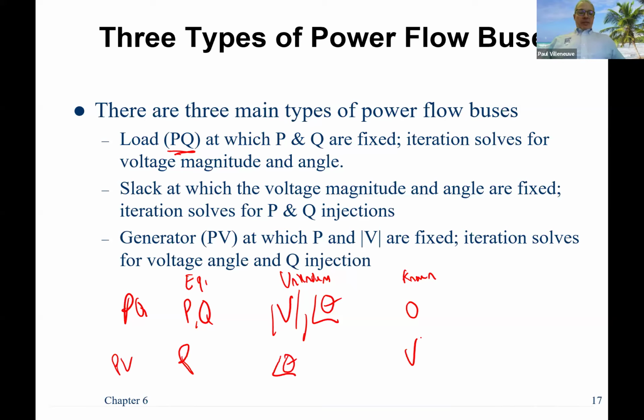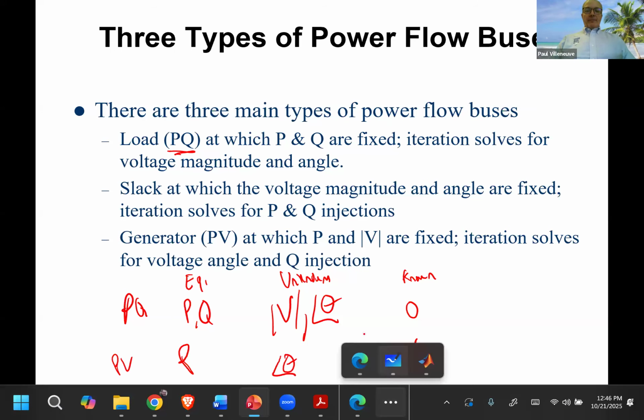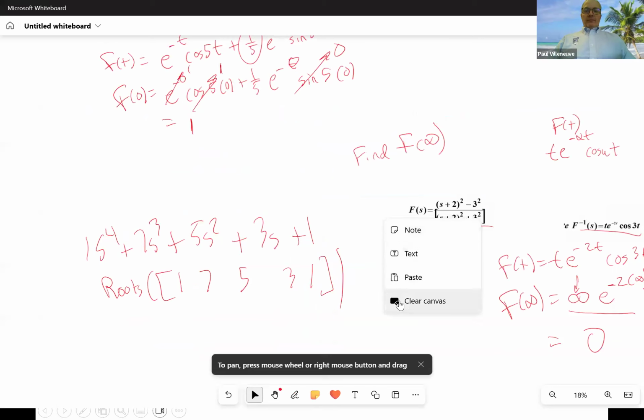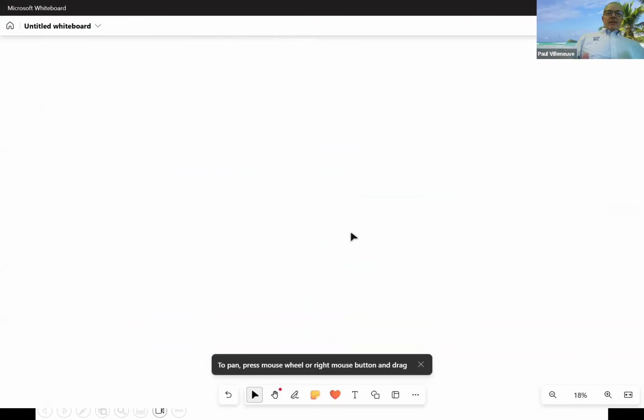So let's think of some examples here. What if I have a bus here, and it's connected to a generator, and the generator is putting out 100 megawatts and it's controlling the voltage, so that the voltage is, we'll call it, 1.0 per unit?